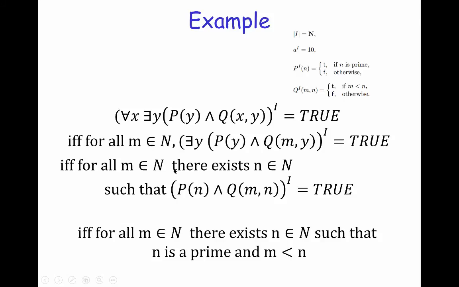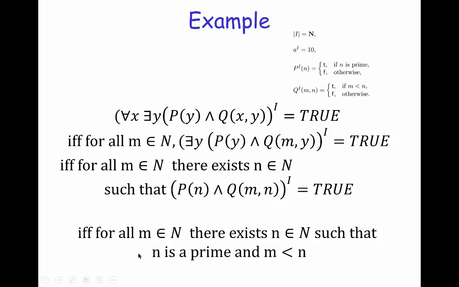Now we can apply this interpretation here. We note here that P under this interpretation means n is a prime number, and Q under this interpretation means m is less than n. So we can rewrite this as: for all m, there exists n such that n is a prime and m is less than n. In other words, you can always find a bigger prime number than any number that you choose.